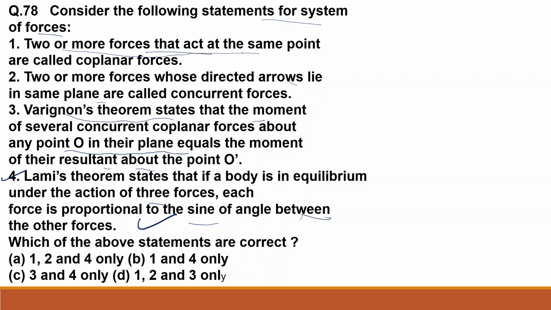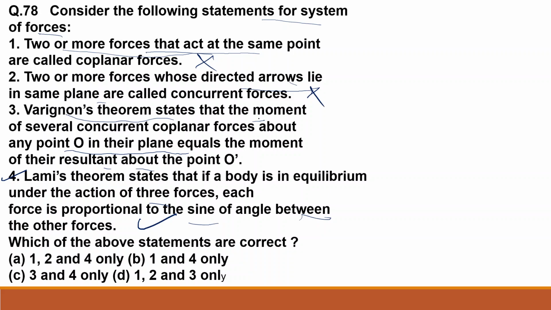Two or more forces that act at the same point are called coplanar forces. This is wrong. Two or more forces whose directed arrows lie in the same plane are called concurrent. This also is wrong.